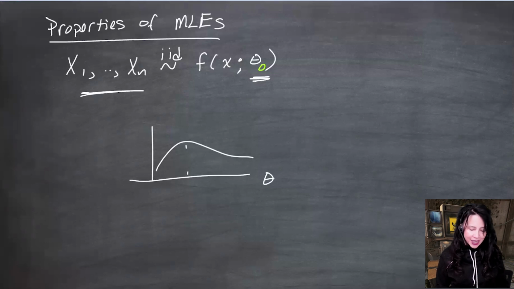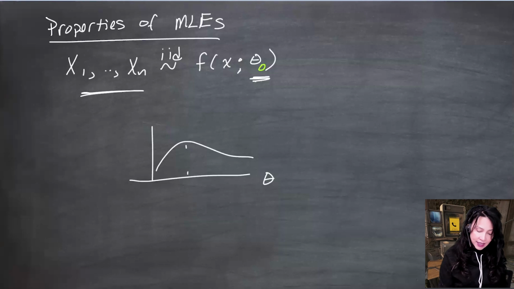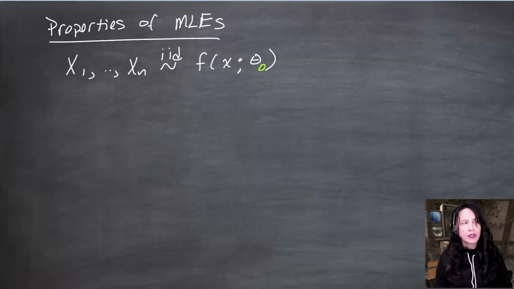So because there's thetas running all over the place, I wanted to emphasize that there's one true fixed parameter that generated our data x1 through xn. So I'm going to call it theta naught. And I will just do that for maybe today and Thursday's class.